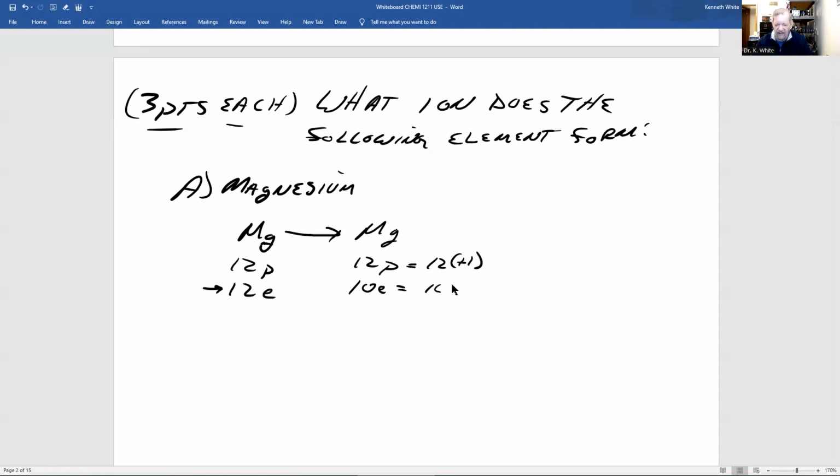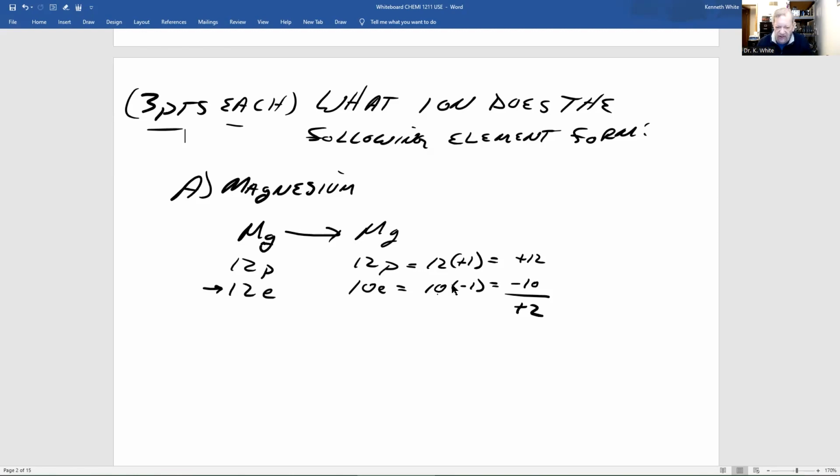You have 10 electrons. The charge on an electron is -1. 12 times +1 is +12. 10 times -1 is -10. If I add them together, I get +2.